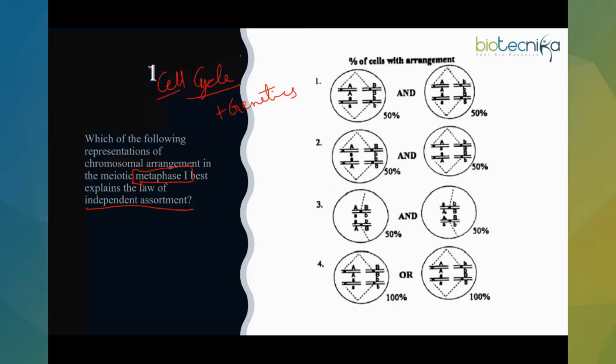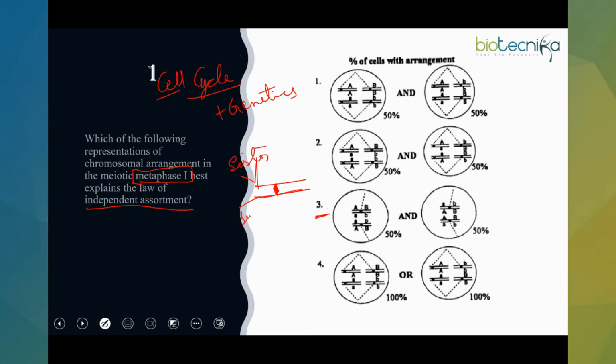See, so far, Sakina, Shraddha, Biotechy, I'm so sorry, your answers are wrong. All three of you have given the answer option 3. Now, option 3, what is it showing? What does this line mean? This line means that this is one chromosome, right? And these two joined here are sister chromatids.